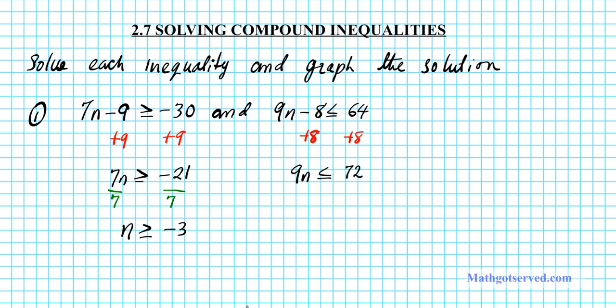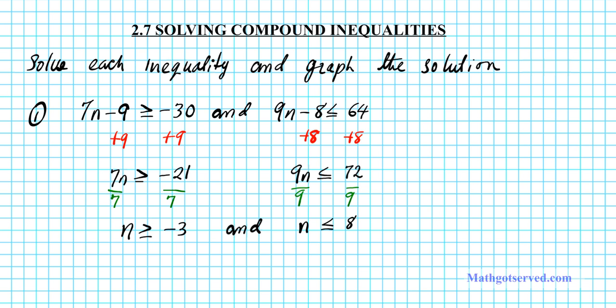And then we'll divide both sides by 9. Since we're dividing by a positive number, the inequality remains unchanged. 72 over 9 is 8. And then the conjunction is and.